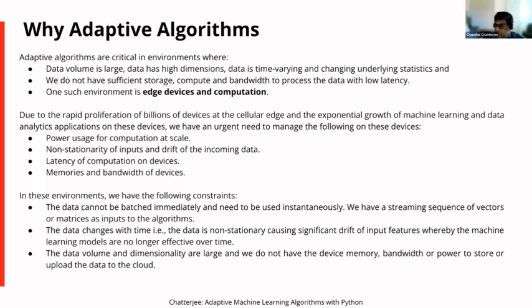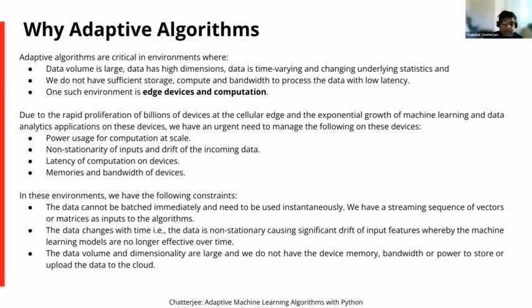In these environments, we have certain constraints. Data cannot be batched. You can do mini batches, small batches of 10 or 20, but you won't be able to take thousands of samples and batch them together and do a batch training, like back propagation. Data needs to be used instantaneously. The data comes in, you have very little storage, you don't have enough power, you have very little memory, and you want low latency, so you cannot batch it for an hour, then the latency is gone.